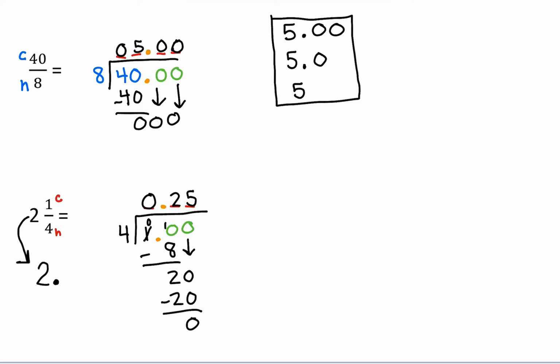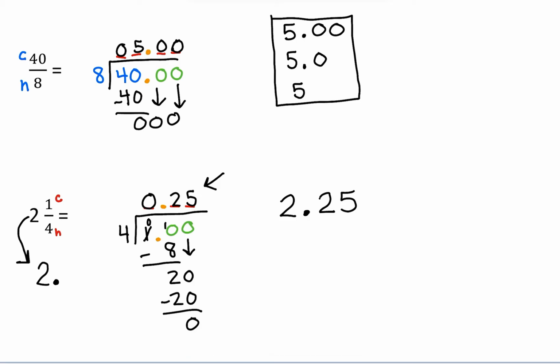All right, so now we have to pay attention. My answer is 0.25. But we also have that 2. So now we're gonna put that whole number back on our answer. So my whole number is 2. Oh, that's a highlighter. My whole number is 2. And then my decimal that I just got right here is 0.25, okay?